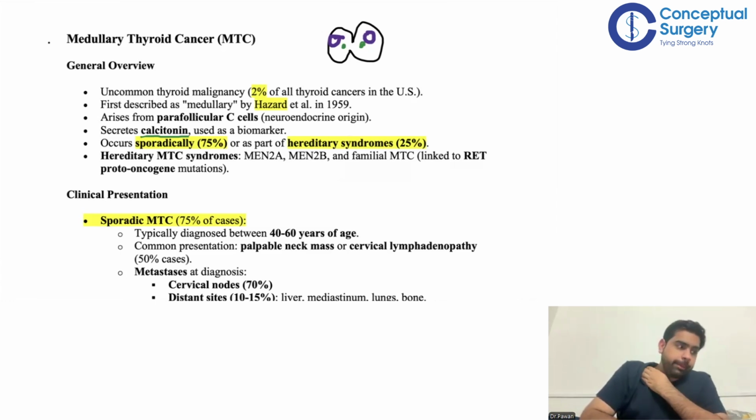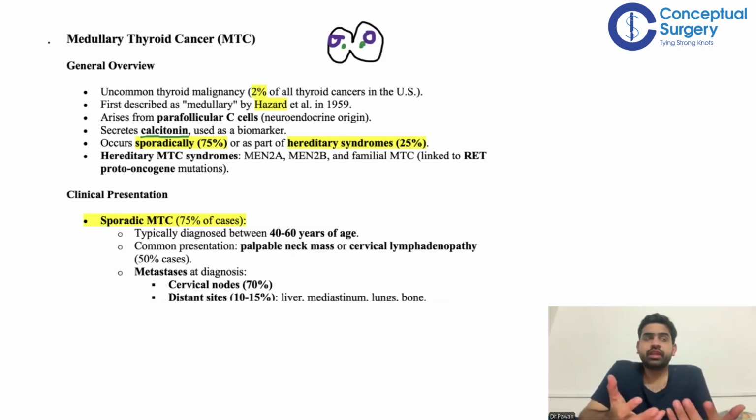Now, this medullary carcinoma of thyroid can be either sporadic. Sporadic means we don't have any familial association, but it happens in the general population due to some reason, some kind of mutation which has led to the malignancy. That is the scenario in around 75% of the cases.